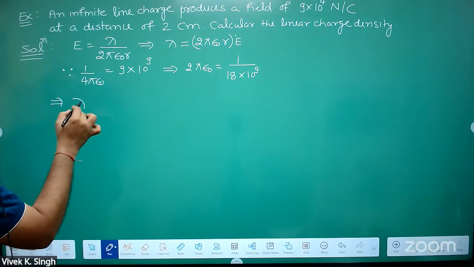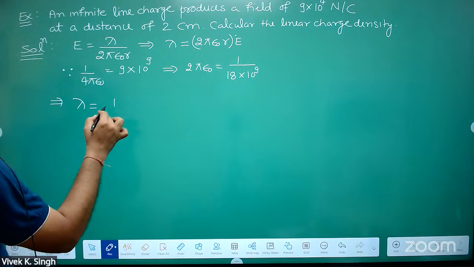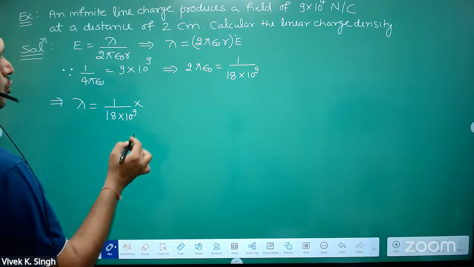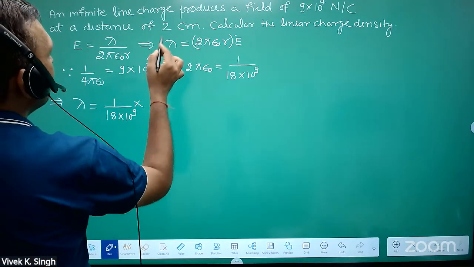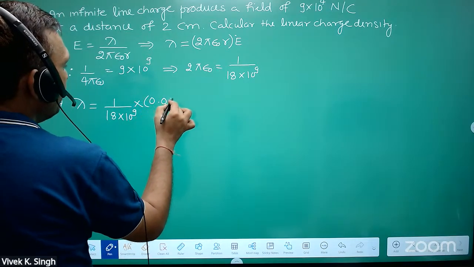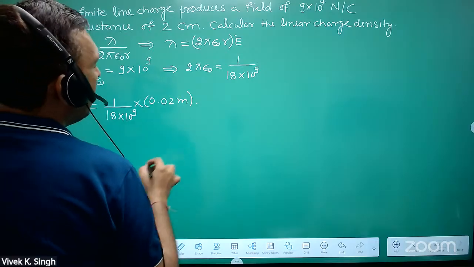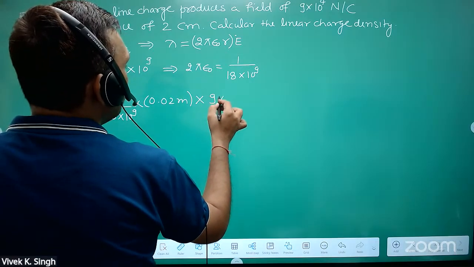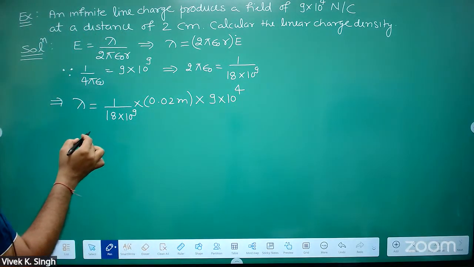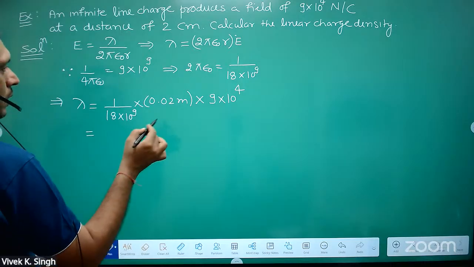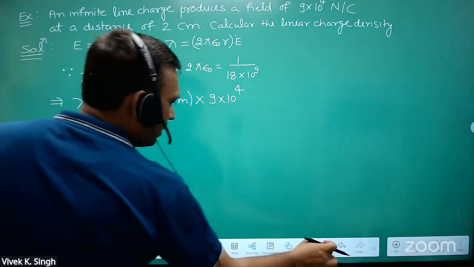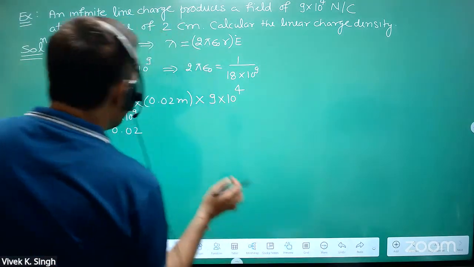So lambda is given by 1 by 18 into 10 to power 9. R is 2 centimeter, so this will be 0.02 meter. And electric field is 9 into 10 to power 4. So what will be this value? So this will be 0.02, 0.02.